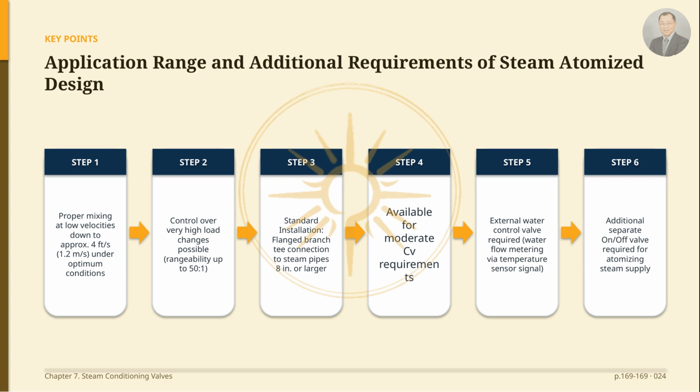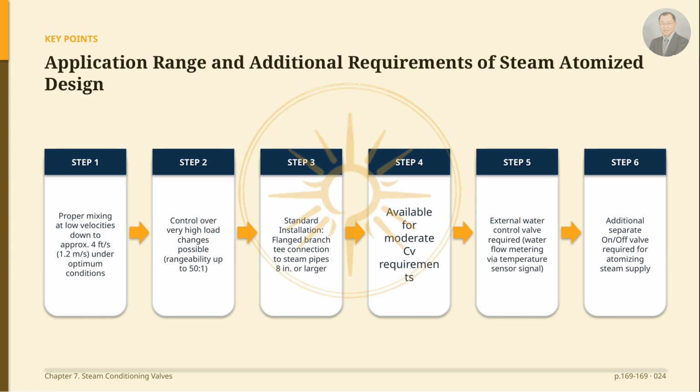I will continue by explaining the application range and additional requirements of the steam atomized design. Thanks to the use of high-pressure steam for atomization, this design can properly mix water into steam even at very low velocities of approximately 4 feet per second, or 1.2 meters per second, under optimum conditions. The response range for load changes is also very wide, with rangeability possible up to 50:1.